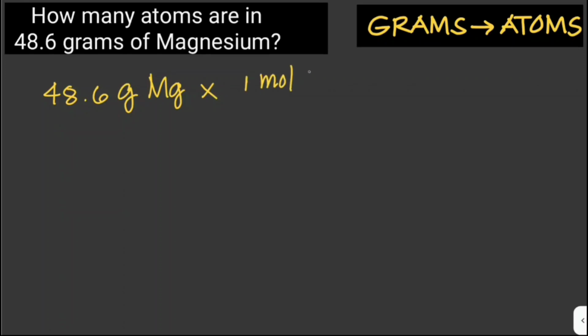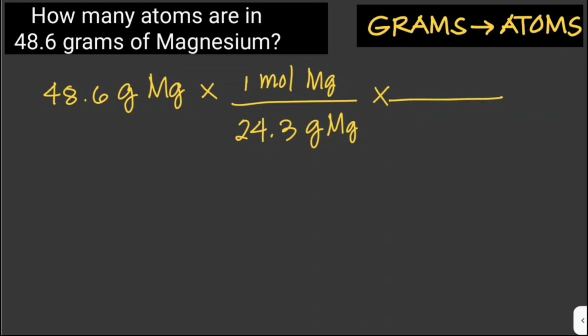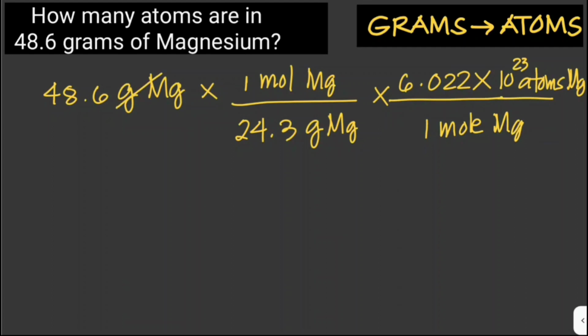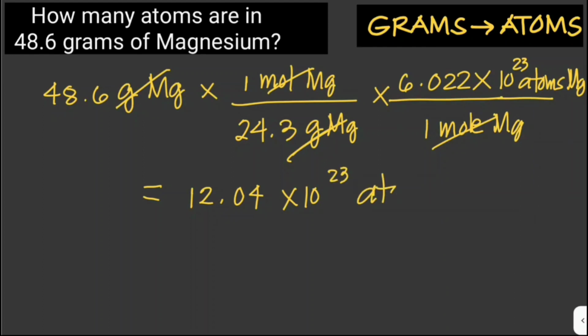So 1 mole of magnesium is just equal to 24.3 grams magnesium, and then multiplied by the number of atoms per mole of magnesium using the Avogadro's number, that is 6.022 times 10 to the 23rd atoms magnesium per mole magnesium. So the grams cancel here, and then the number of moles. So our answer would be 12.04 times 10 to the 23rd atoms magnesium. So you just divide 48.6 by 24.3 and then multiply by the Avogadro's number.